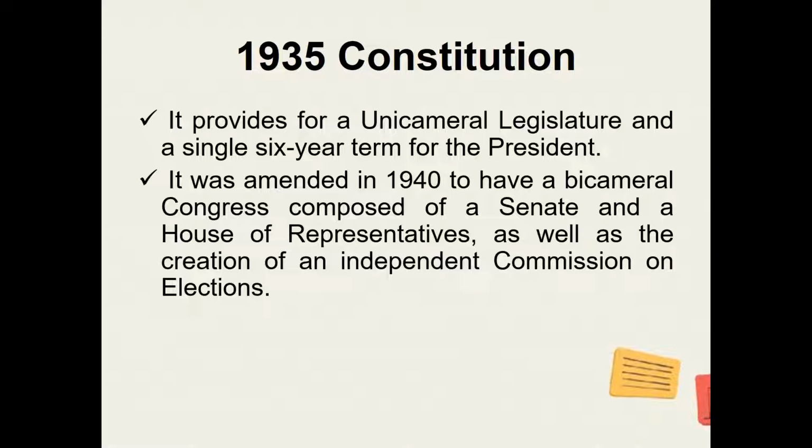What composes a bicameral Congress? A Senate and House of Representatives, as well as the creation of an independent commission on elections. So this is the first, actually, during our study of political science, in the 1935 Constitution, there was a rise of different political parties and different political ideologies.